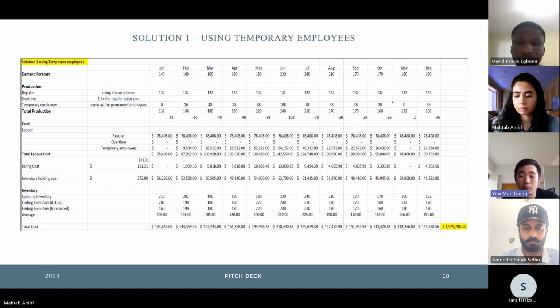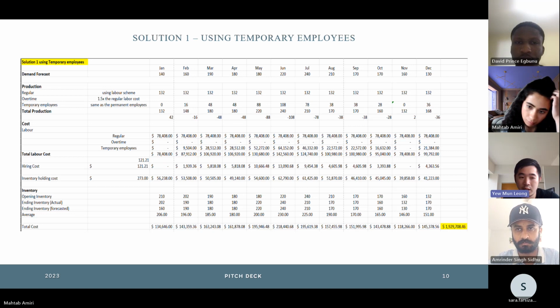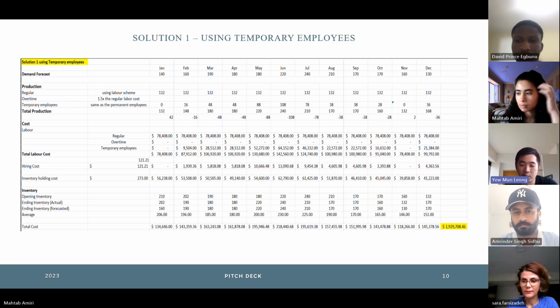But in June, we will require more investment in hiring temporary employees due to the higher forecasted amount, which our regular employees cannot produce in time. After we factor in every cost of regular and temporary employees, we came to a total cost of $1,929,708.46 for the year. Next, I will pass to Sarah to explain our second calculation findings.